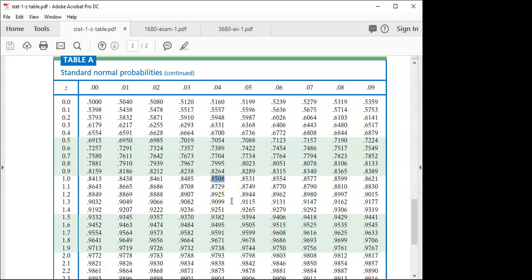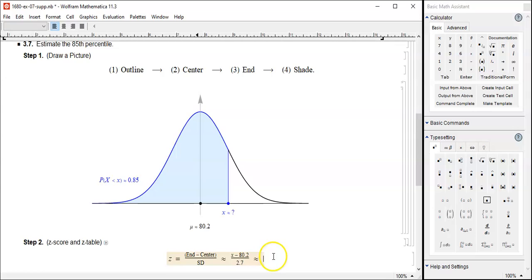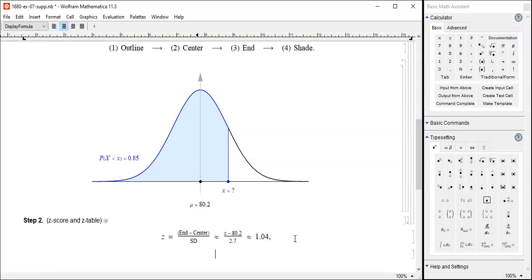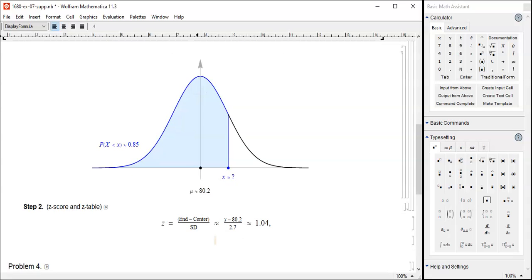Does everybody agree? 1.0, and then the second decimal digit is here. So 1.04. And there goes the equation that I have to solve. Not too bad. Just routine algebra. Flip the denominator to the other side by multiplying out.